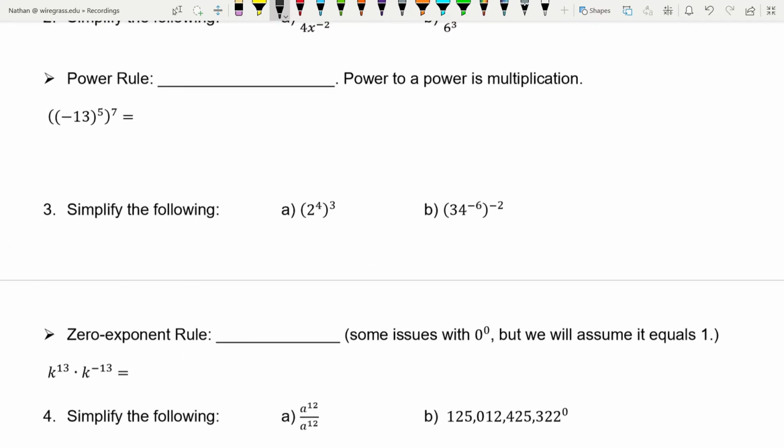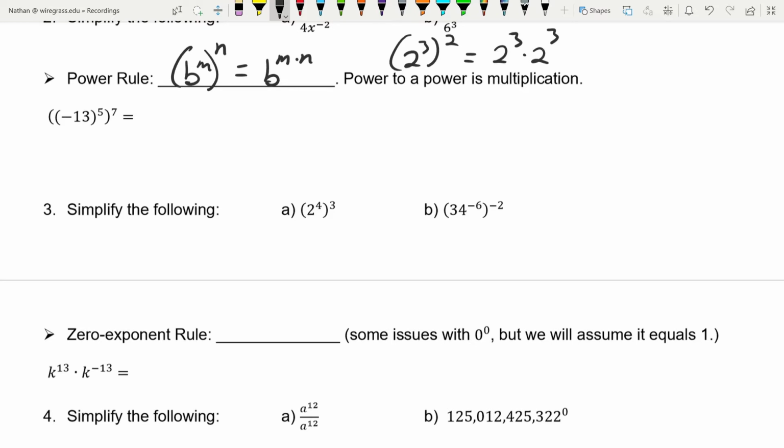Okay, the next rule is the power rule. Power rule is where we have some base to some power, and that whole thing is to another power. It can be the same power or a different one, doesn't matter. In this case, this is the same thing as b to the power of m times n. Let's give an example: 2 cubed squared is the same thing as 2 cubed times 2 cubed.